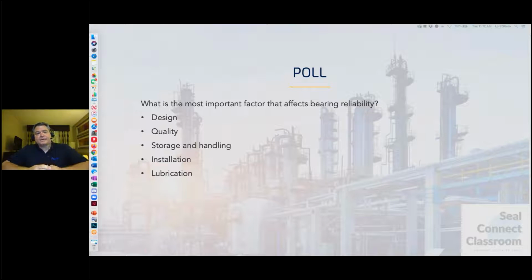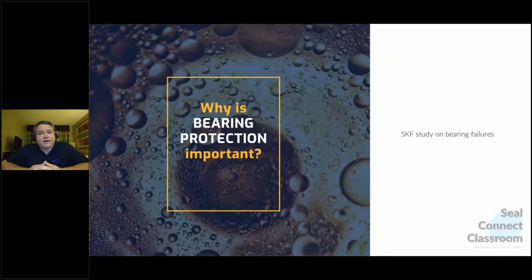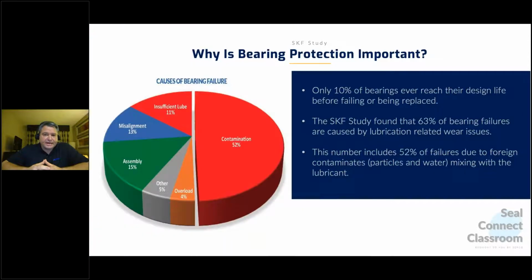Thanks for that. So let's jump into this. We want to understand why bearing protection is important, so let's go back to the source and see what bearing manufacturers have to say. SKF has done a study on this topic.